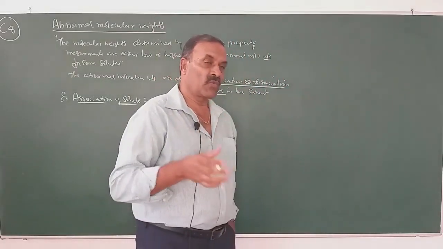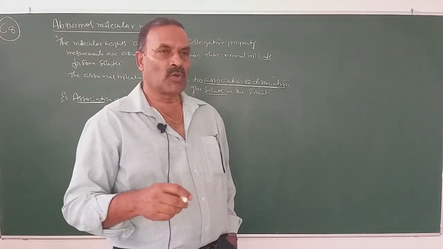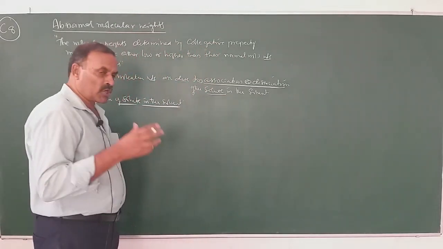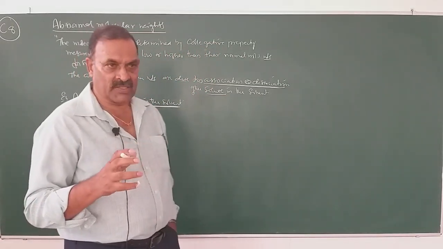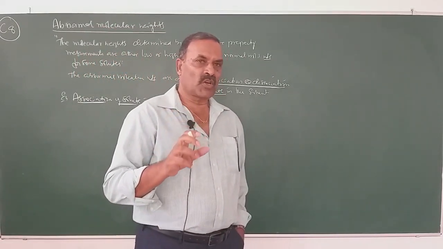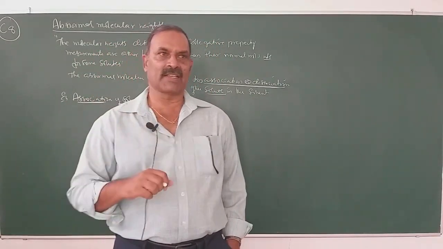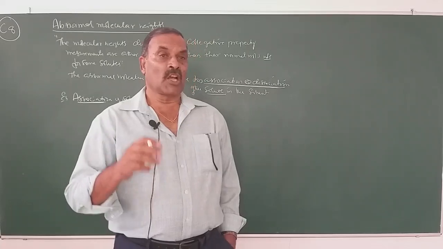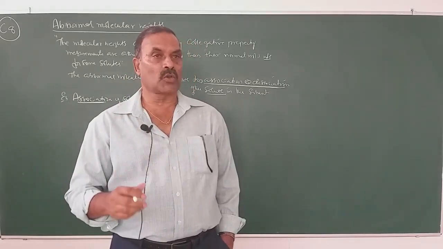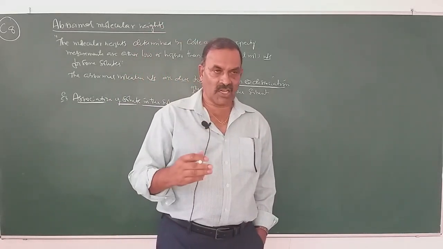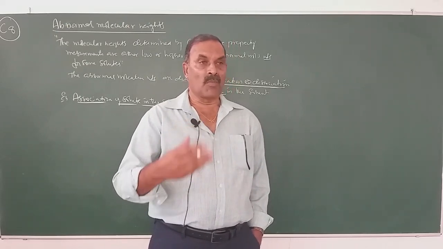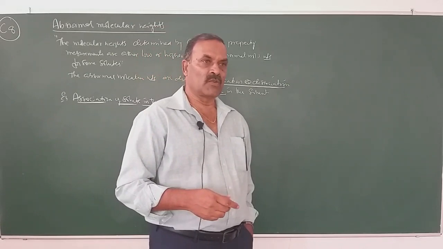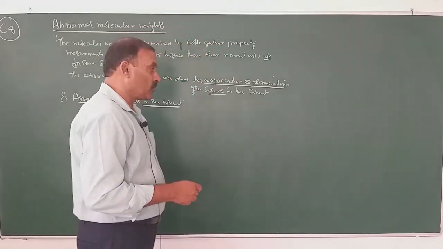So if you add 500 molecules, you will get only 250 molecules due to association. The number of solute particles in the solution decreases. When the solute particle number decreases, the colligative property value also decreases. When the colligative property value decreases, molecular weight increases, because molecular weight is inversely proportional to colligative property.